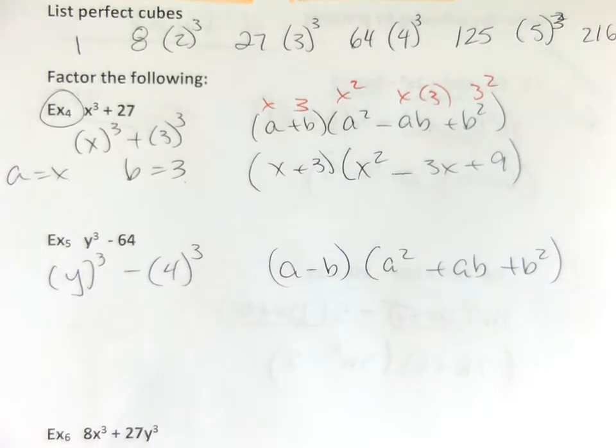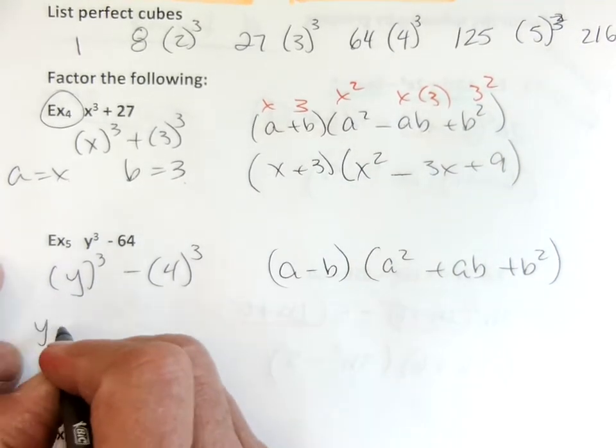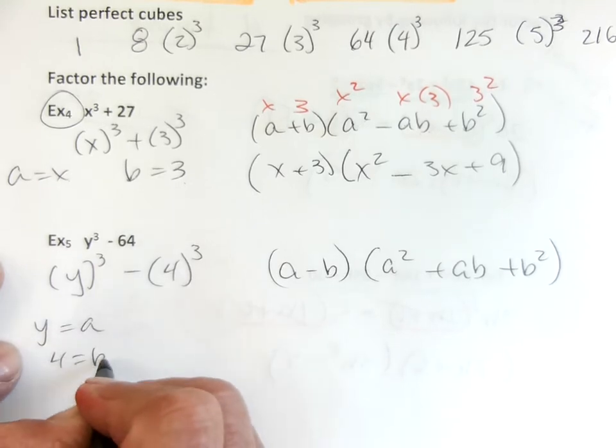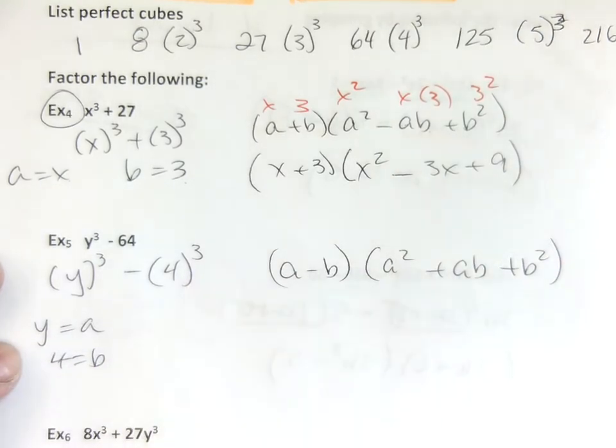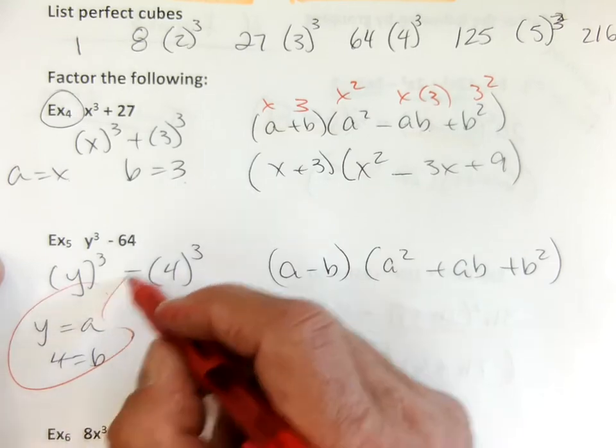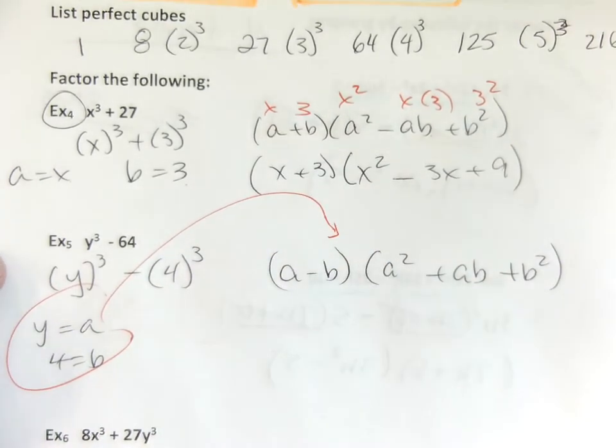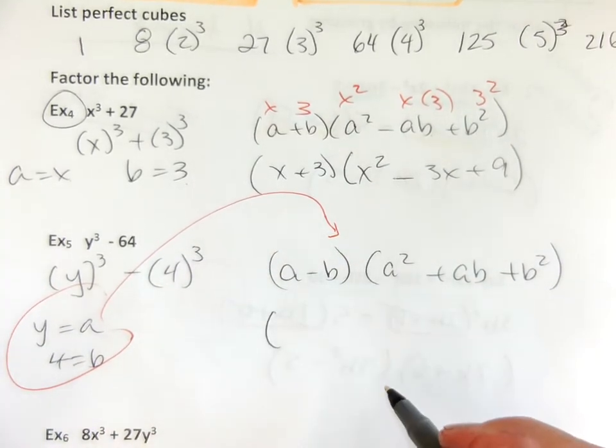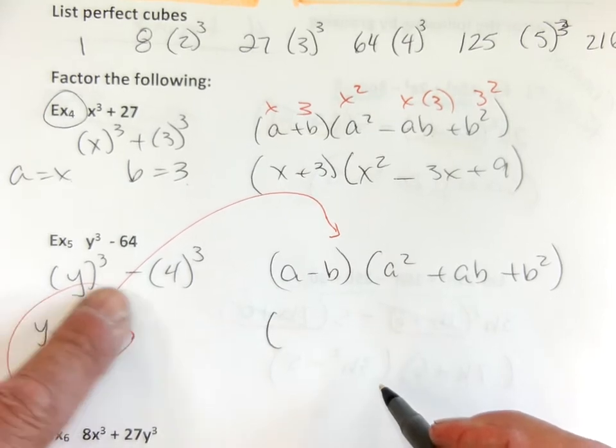I'm going to let my y be a and my 4 is b, and I'll just plug those in. I just take these values, plug them in. So instead of a minus b, it's just y minus 4, right? Just y and 4.